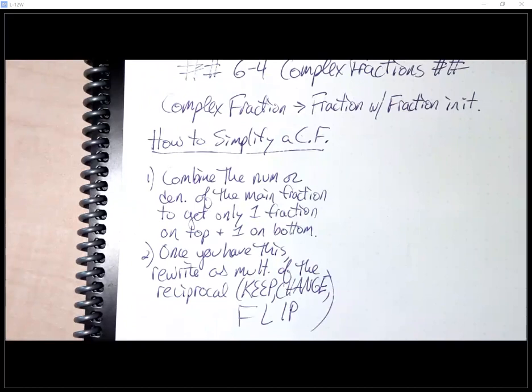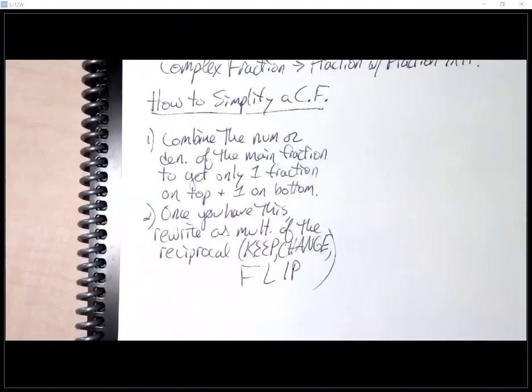And then once you have it rewritten as a multiplication problem, you just simplify like we've been doing all last week, because now it's just a normal multiplication problem. We're going to factor everybody, cancel. So I'll just add that, just to refresh your memory.